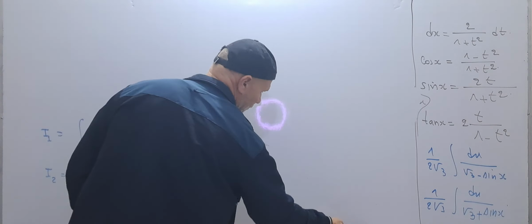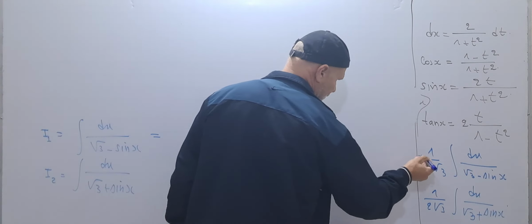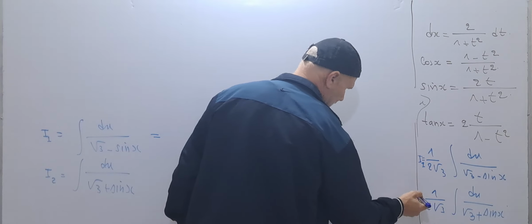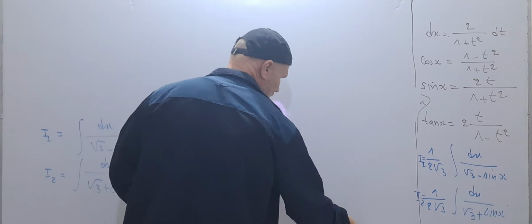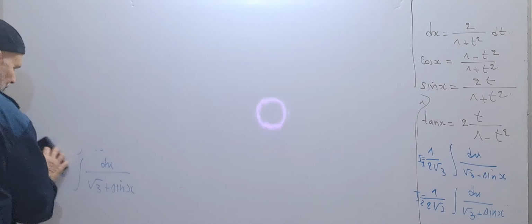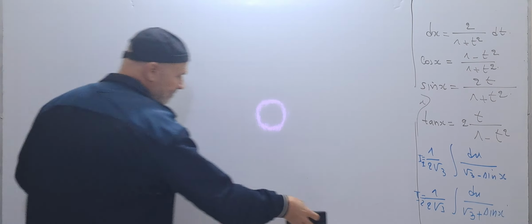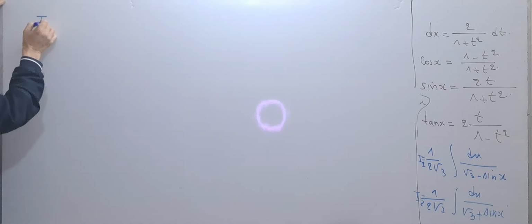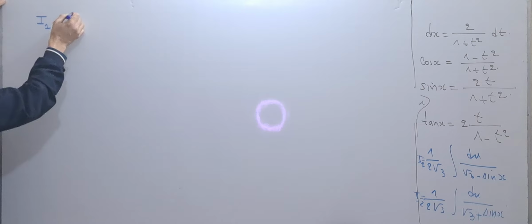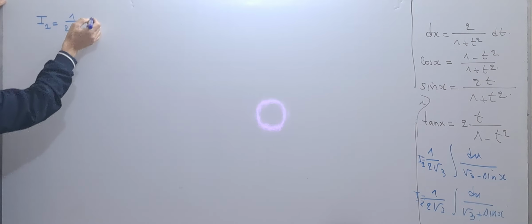For the first one, for E1 and E2. E1 is equal to 1 over 2 the square root of 3.